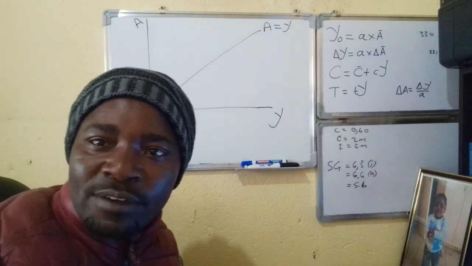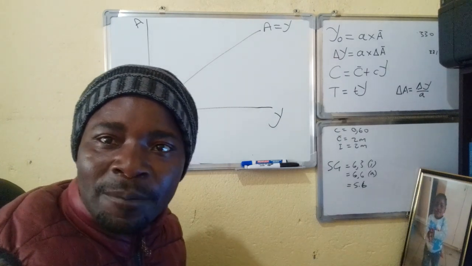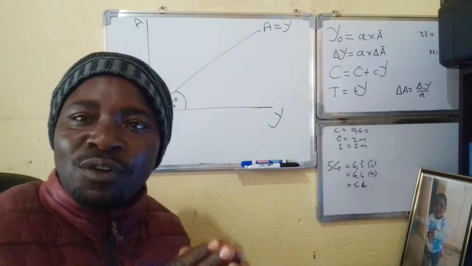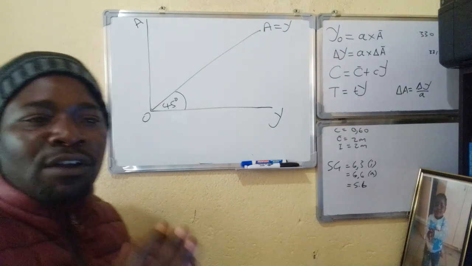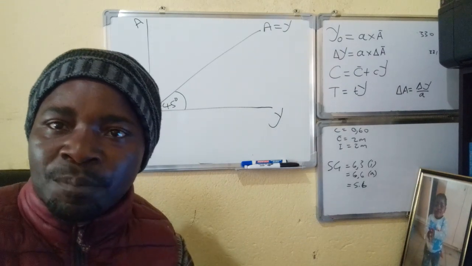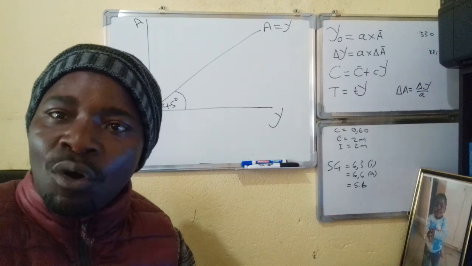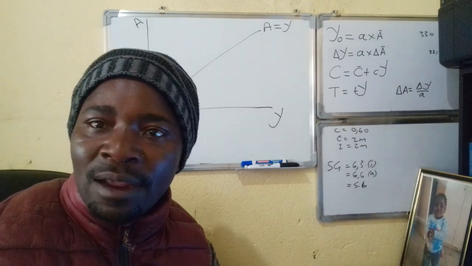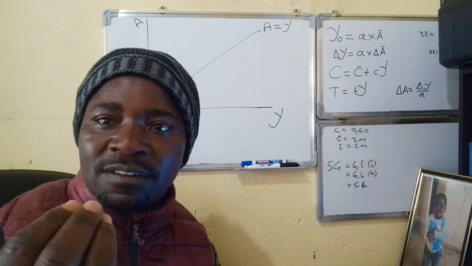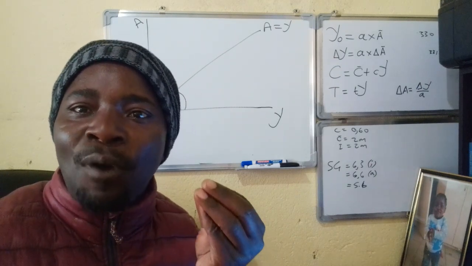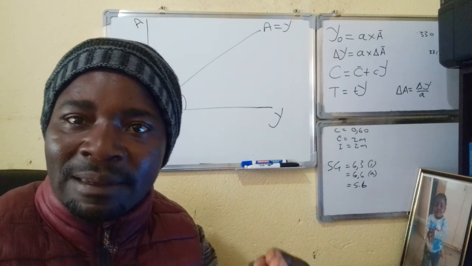We have what is called autonomous expenditure. That is a portion of expenditure by consumers that does not depend on the levels of income in the economy. So whether people have income or not, they still spend. How come? Because people can spend from their previous savings, and people can also borrow to spend.